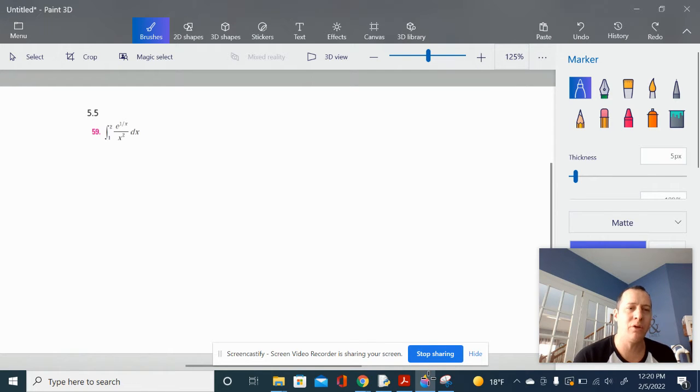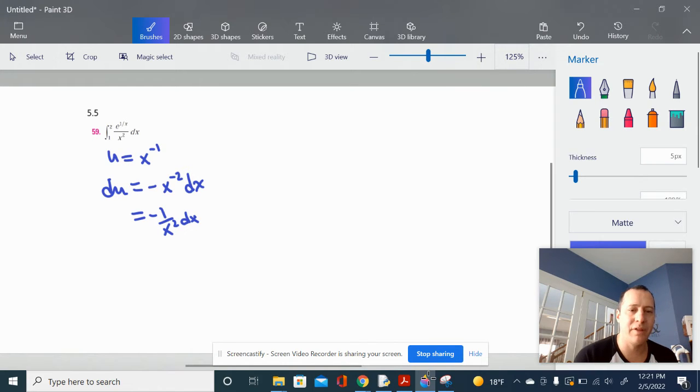What could really help you to see this quickly is if you realize that when you take a derivative of 1 over x, you're going to get a 1 over x squared. If my u were 1 over x, which is like x to the negative 1, then my du would be negative x to the negative 2 dx, which is negative 1 over x squared dx.